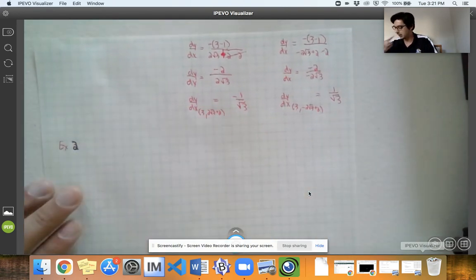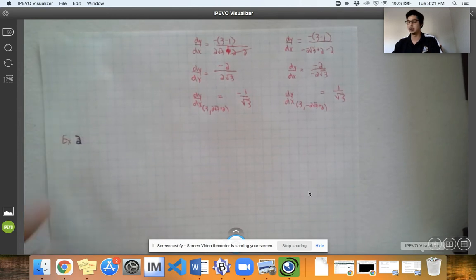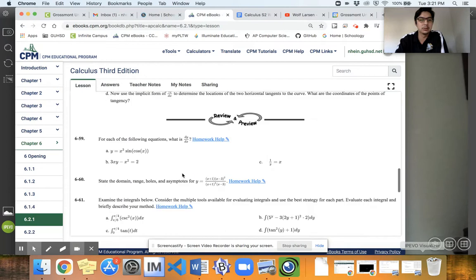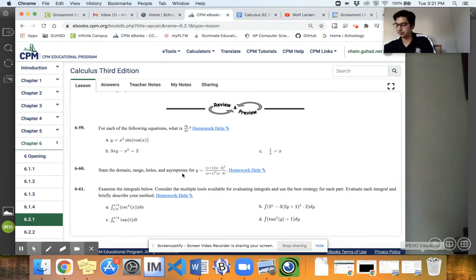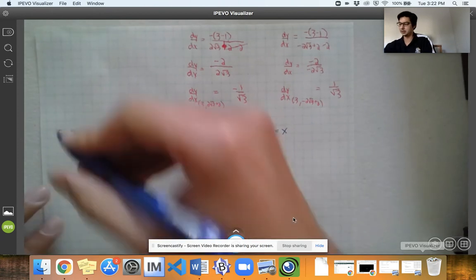I think there was one from the homework, which I saw. Let's look at this one. So 59, let's do, and I'm writing this down, I'll show my paper in a second. And I'll even do one more to help you see this. All right, so two more examples using implicit differentiation.